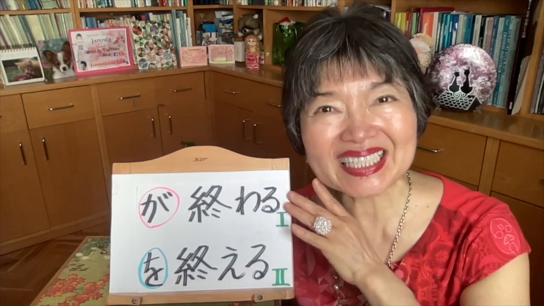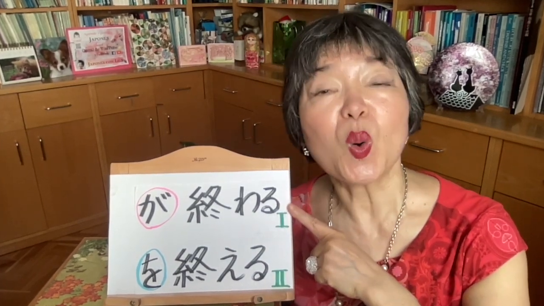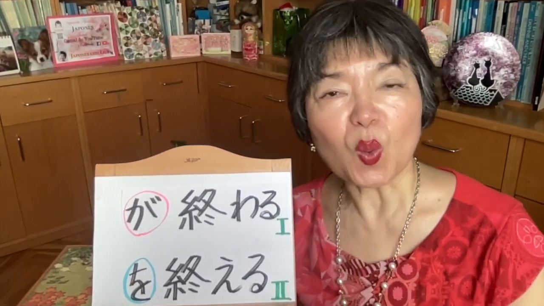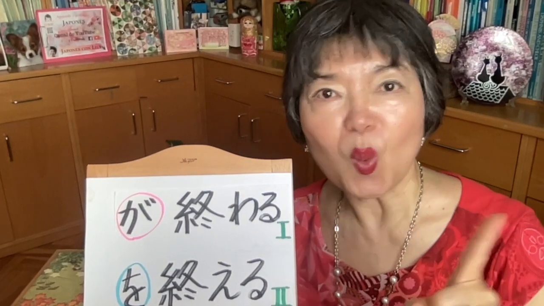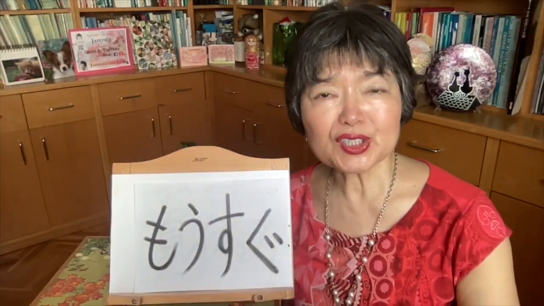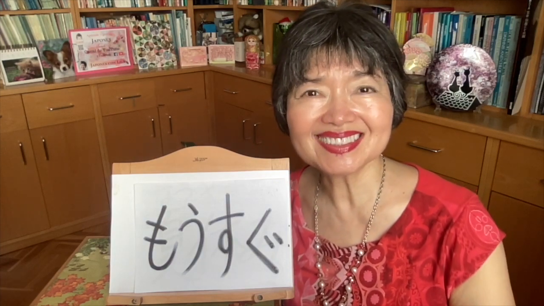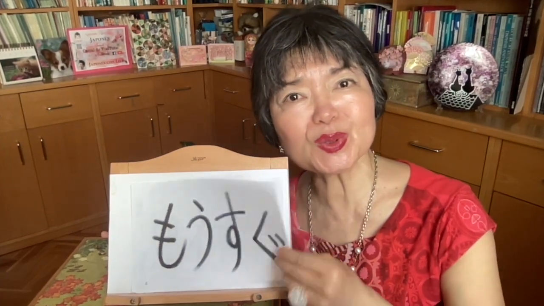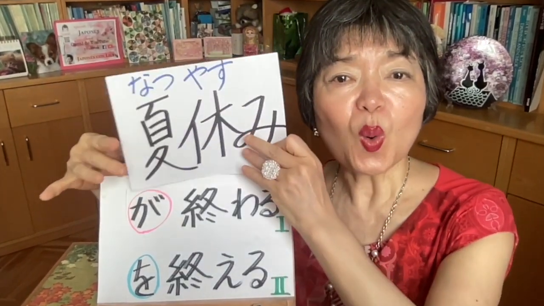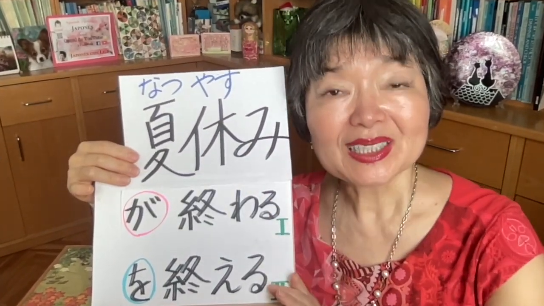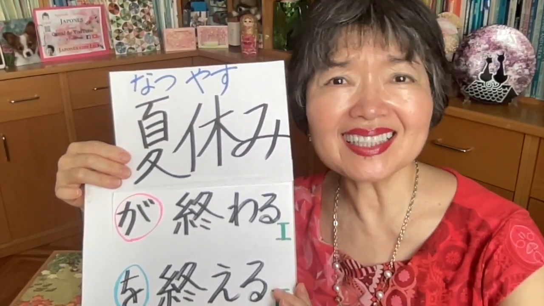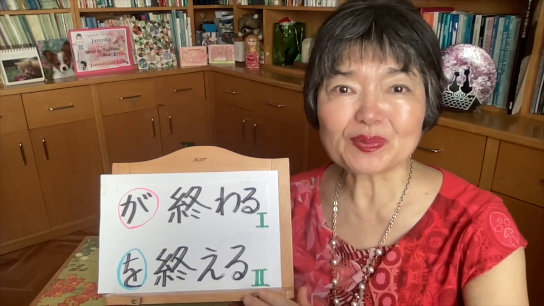So let's conjugate. 終わる、終わります、終わって、終わった、終わらない。Summer vacation finishes quite soon. もうすぐ夏休みが終わります。残念。Now the transitive verb.